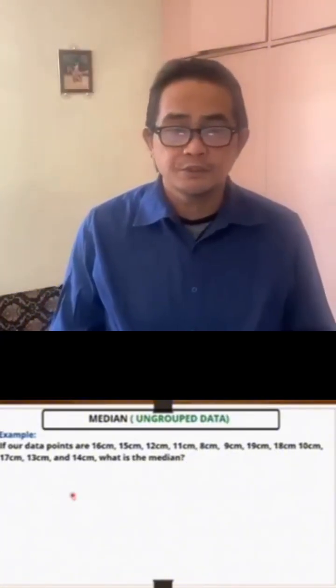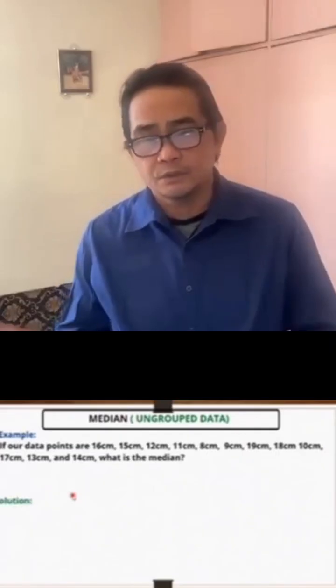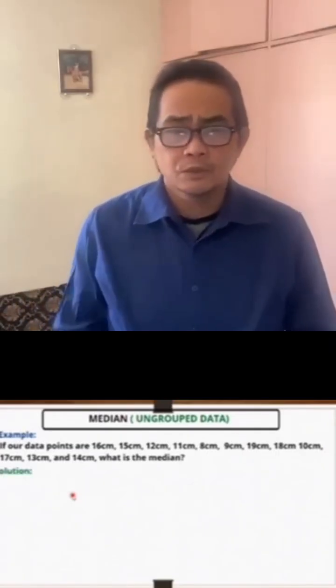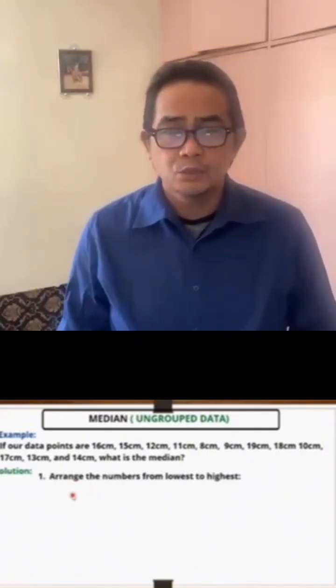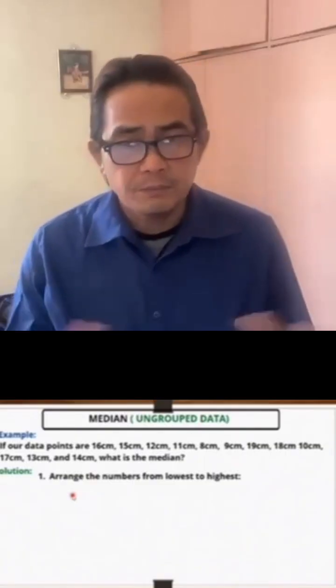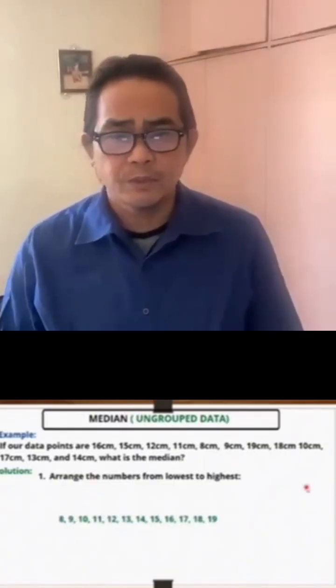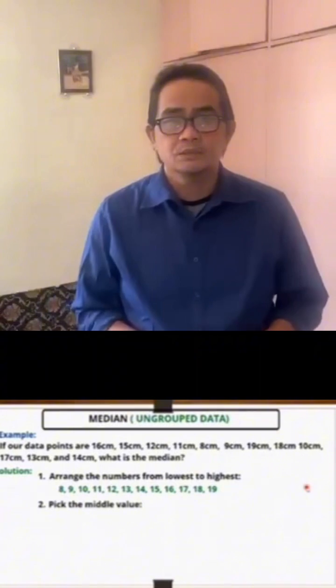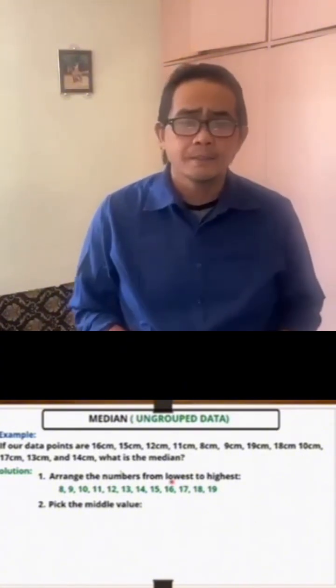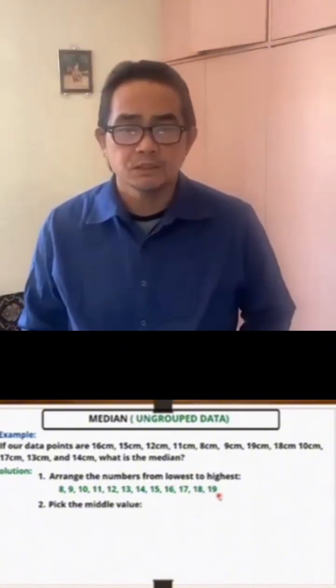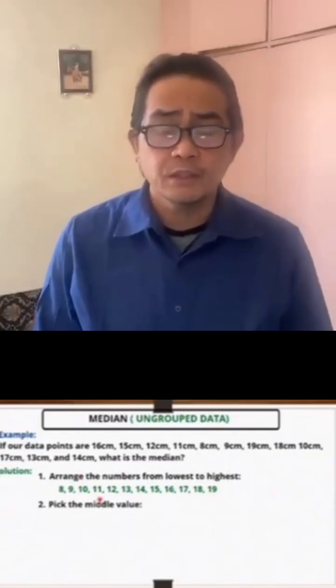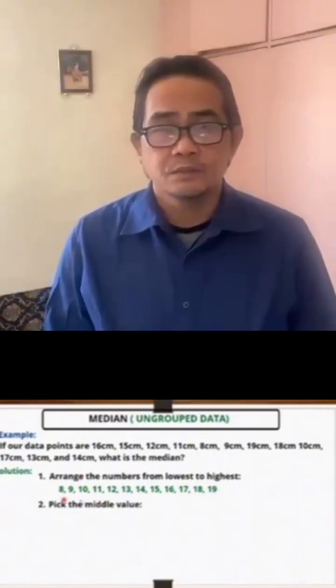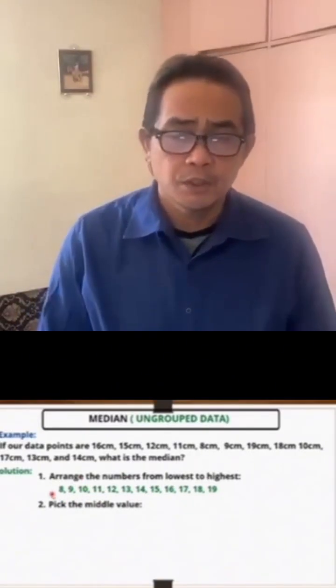If you observe the total number of observations is even, you need to get the middle numbers. So there are 2 middle numbers. We have 13 and 14. Now since we are going to get the median, we need to divide by 2. So 13 plus 14 divided by 2, and that would be your median.